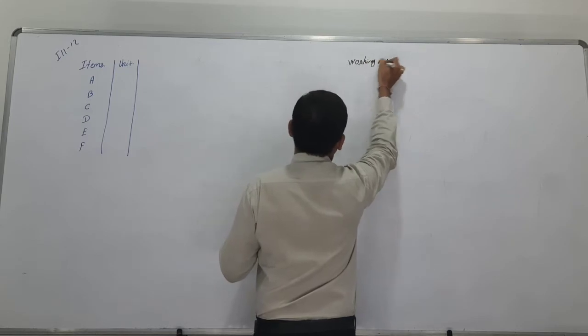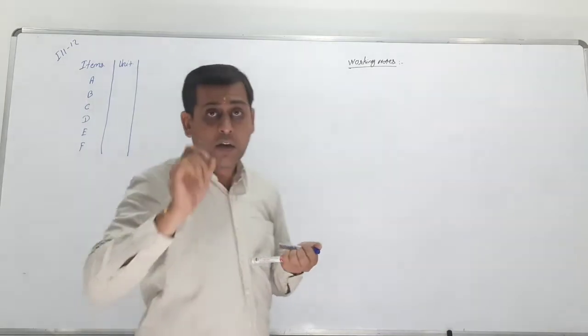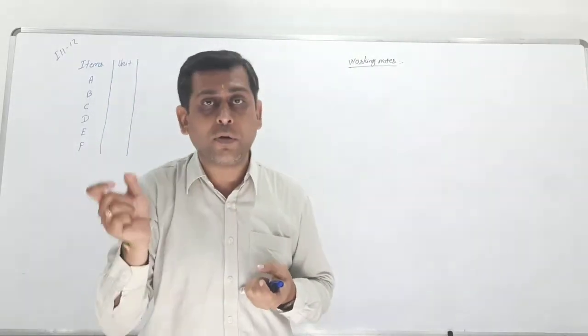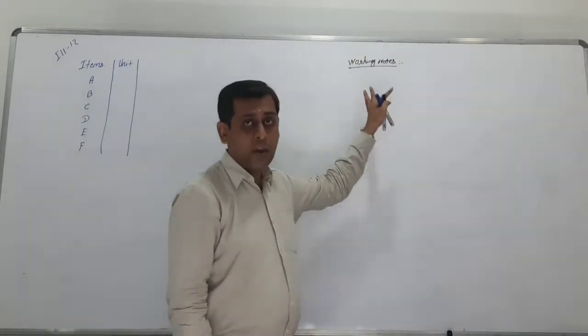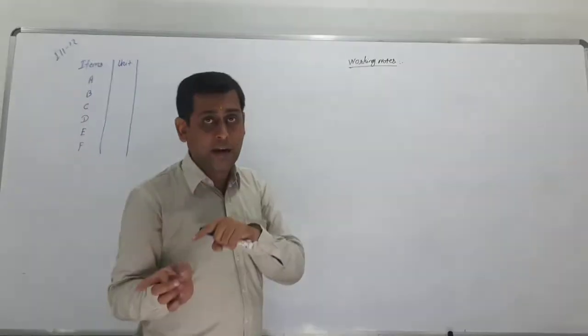Whenever you see a question like this, that means the unit given in the unit column is not the same as the quantity column unit, then you have to first do working notes and convert one from the other.